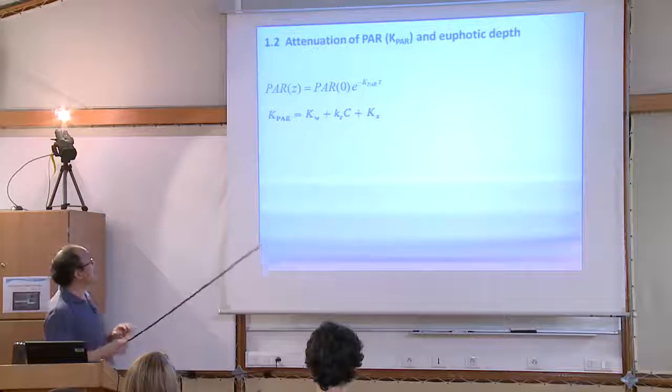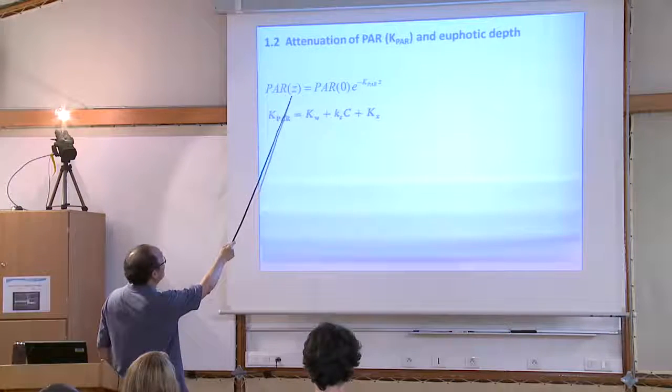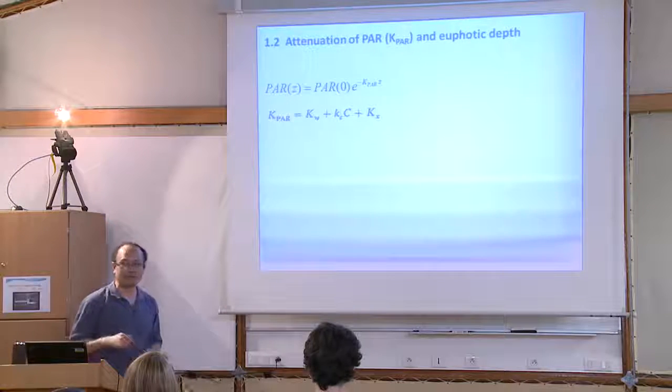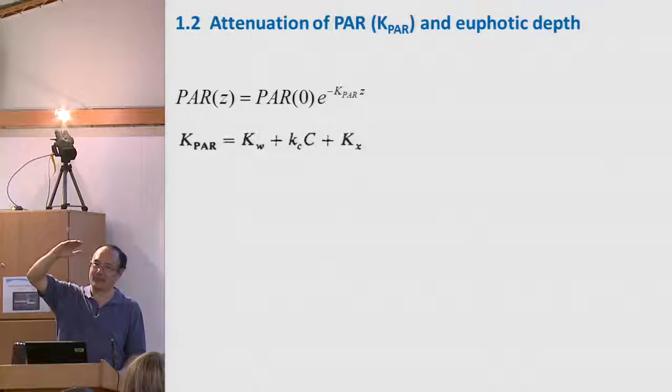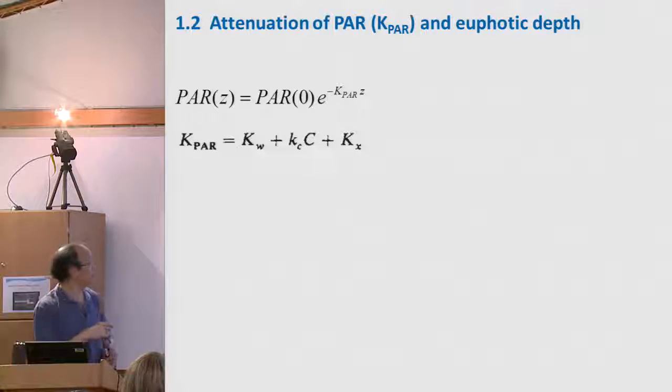For the visible band, it is normally expressed as PAR at depth Z. PAR(Z) equals PAR(0) times e to the minus K_PAR times Z. Since we just use one number, we can propagate surface PAR to deeper depths. And PAR has historically been used in the models for photosynthesis.